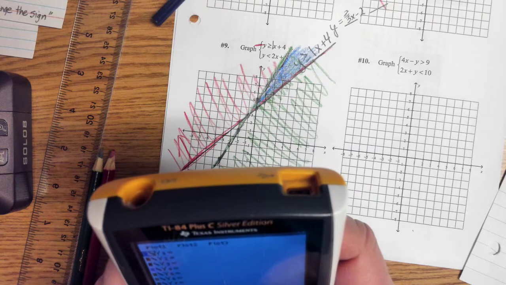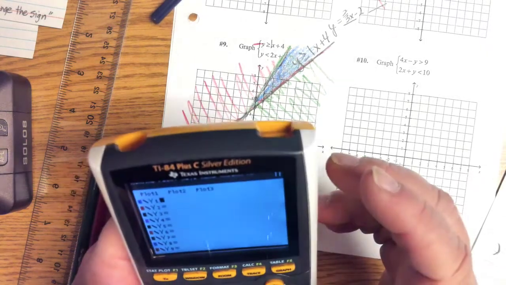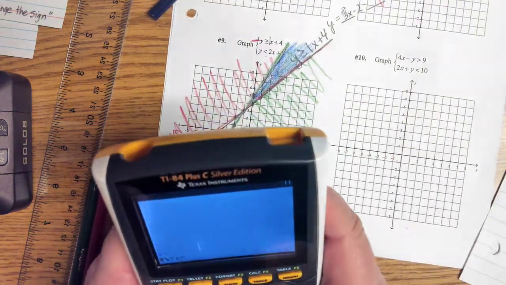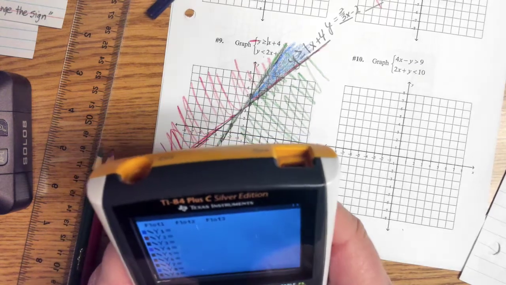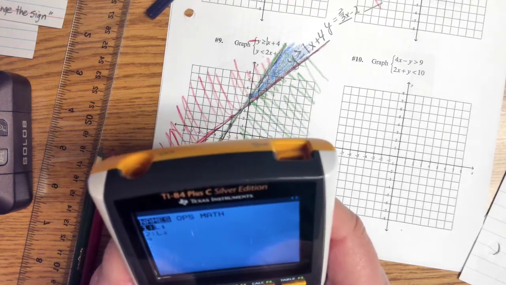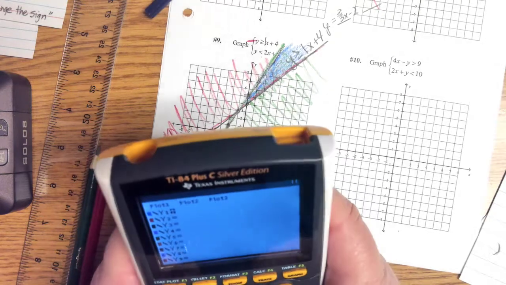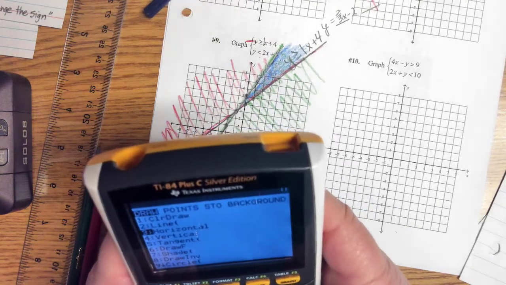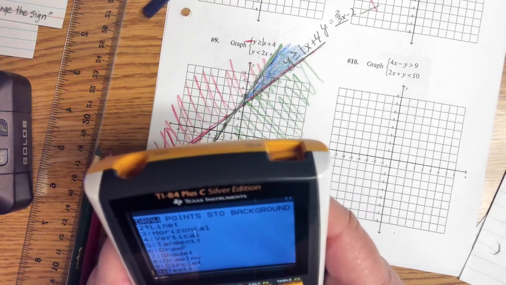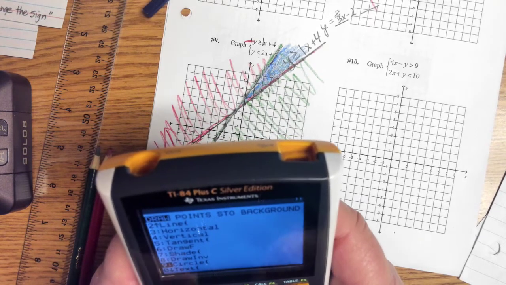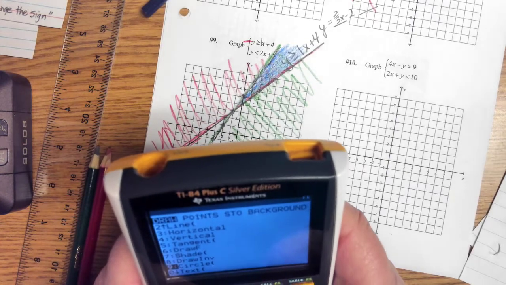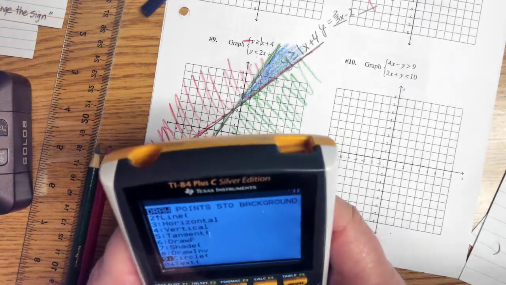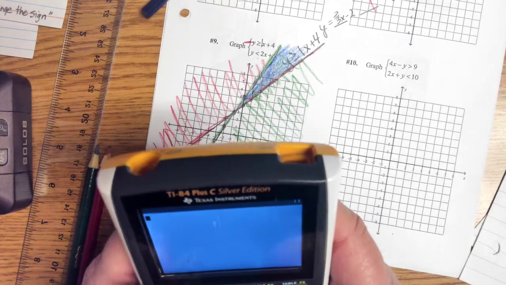Inequalz. Okay, let's see here. I don't think some of the calculators have Inequalz. Some of them do. Found it. Did you find Inequalz on your calculator? I did second test and this popped up. Second and test? I don't think that's going to work for you.